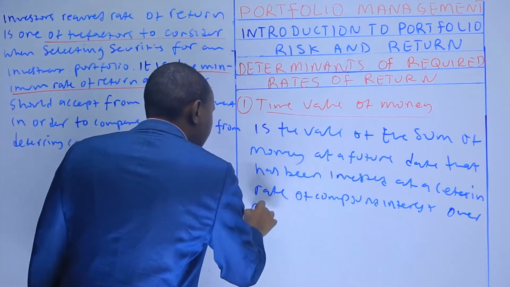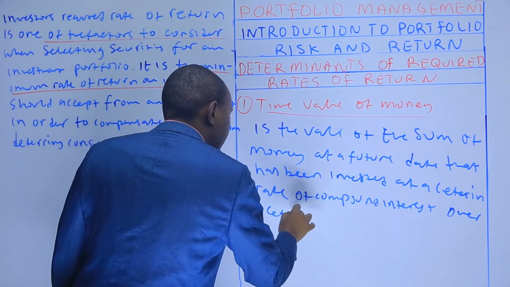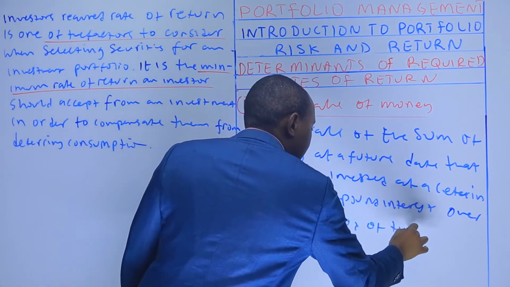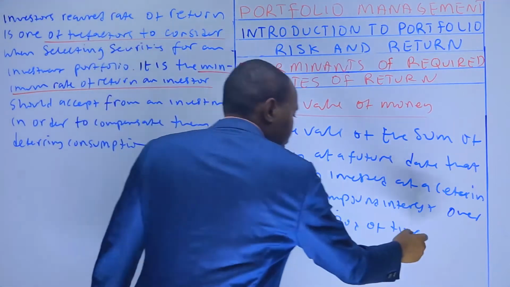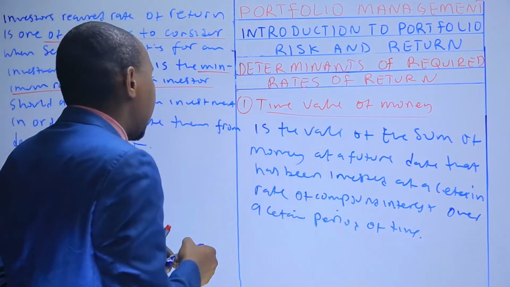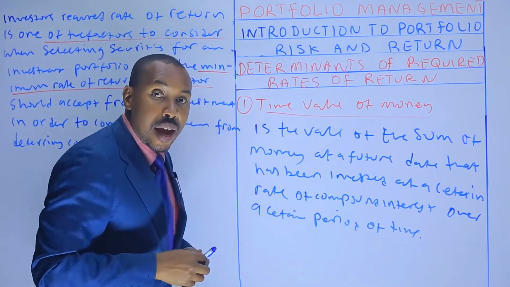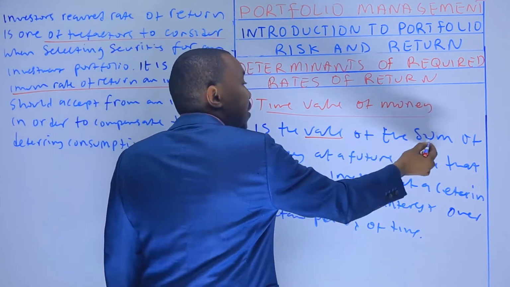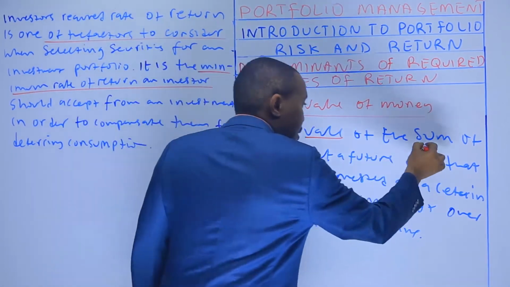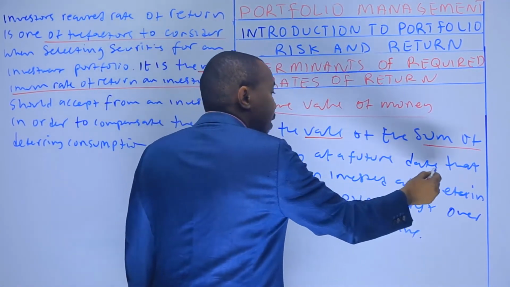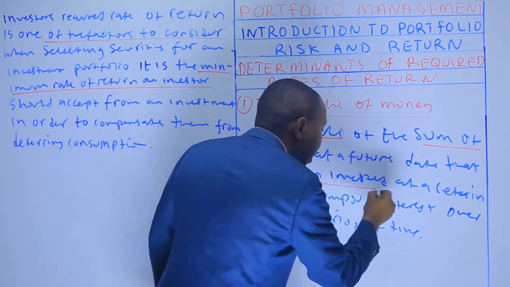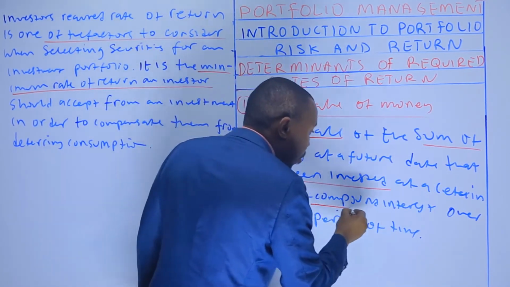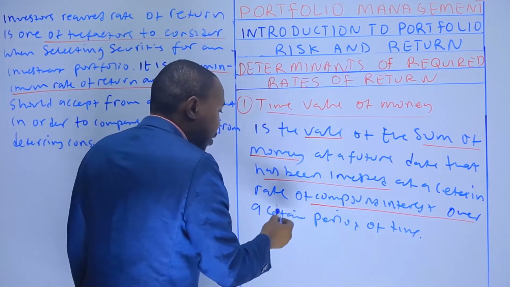We'll stop there. We are saying that TVM, time value of money, is the value of the sum of money at a future date that has been invested at a certain rate of compound interest over a certain period of time.